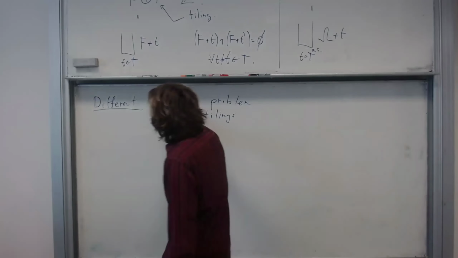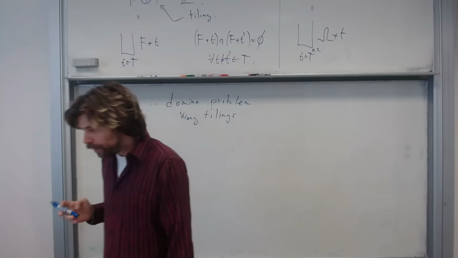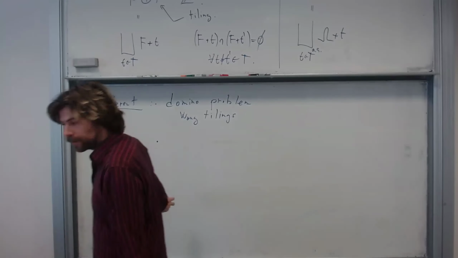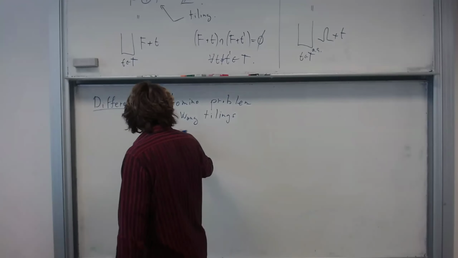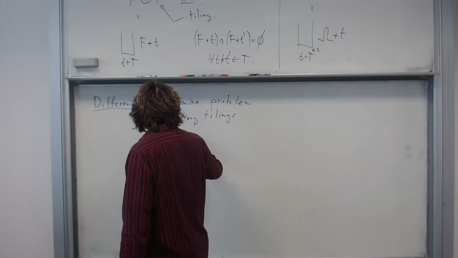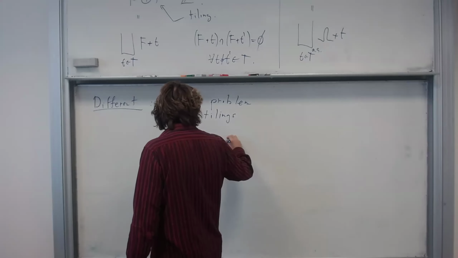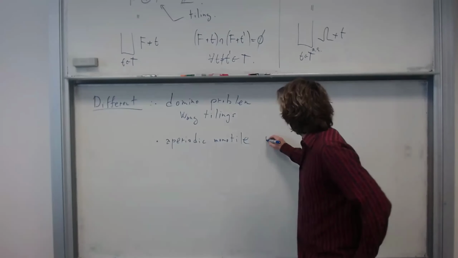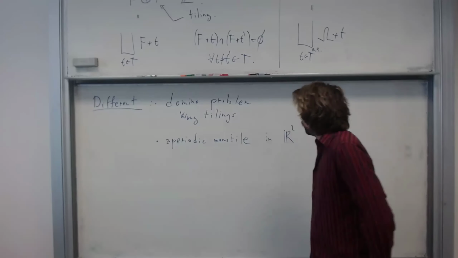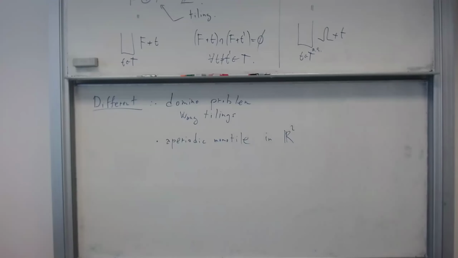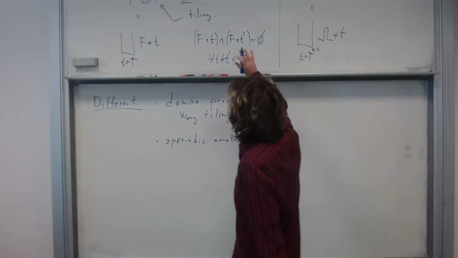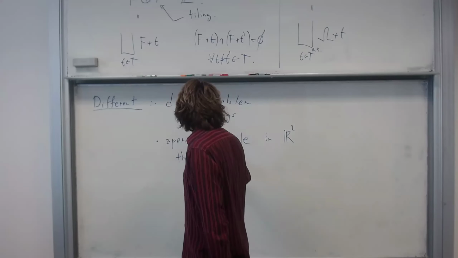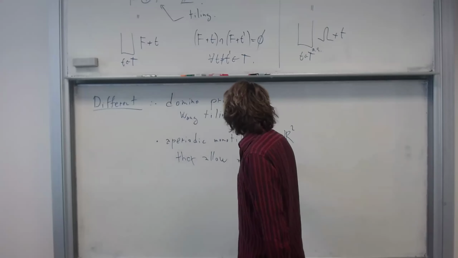This is also different from what you may have seen in popular magazines, that they recently discovered this aperiodic monotile, in R2. Here the difference is that they don't allow only translations, they also allow rotations.